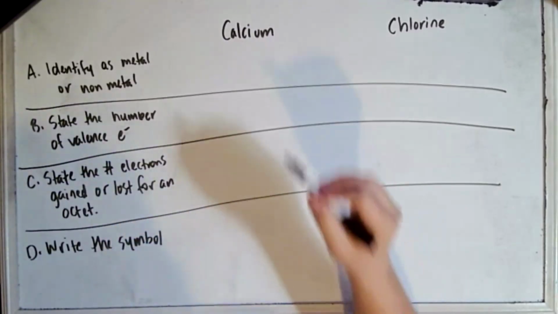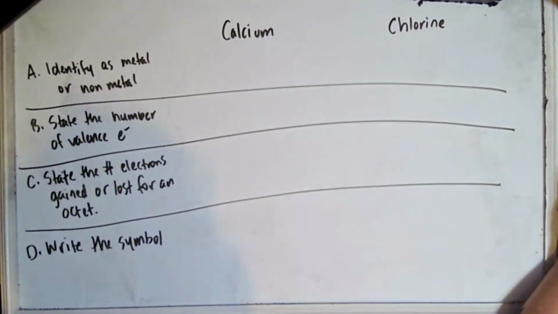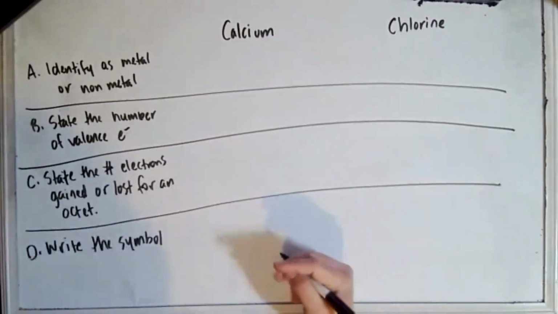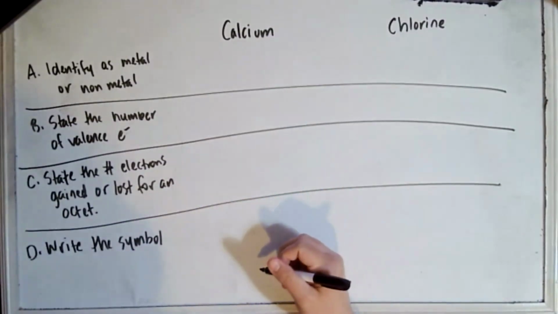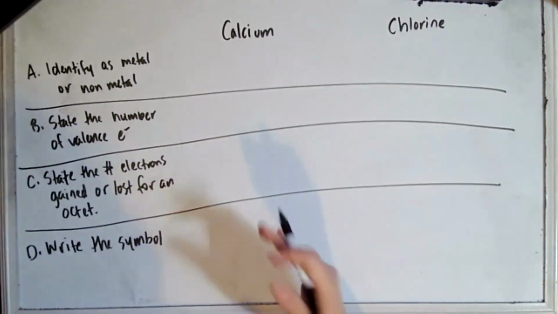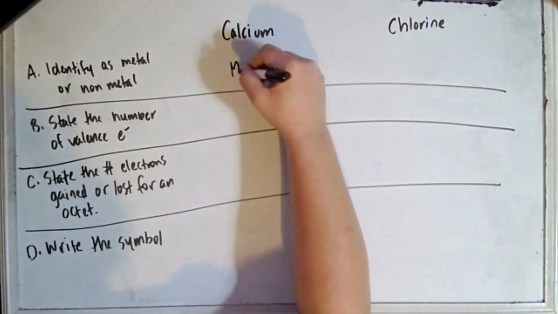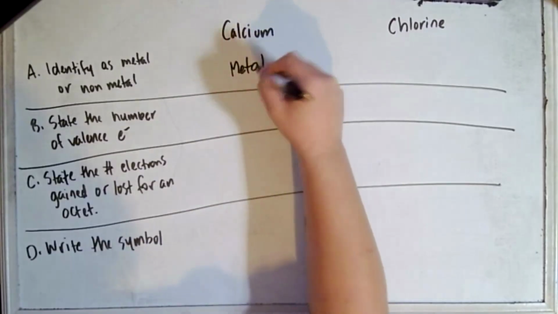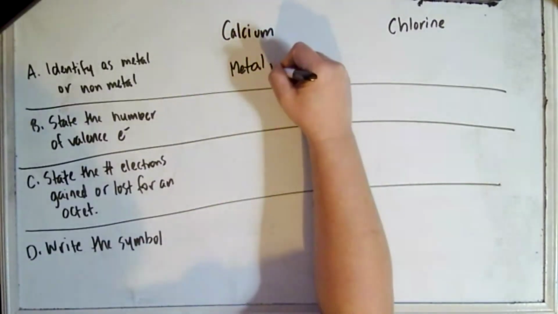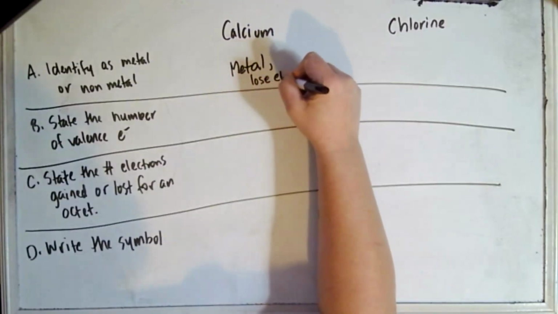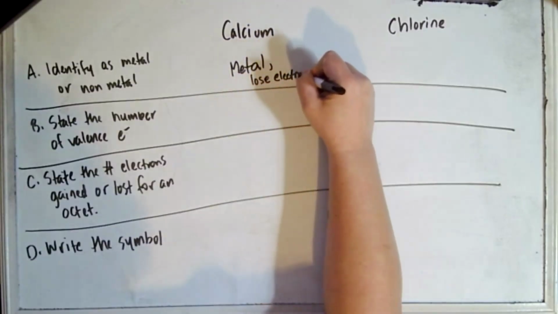Okay, so if we find calcium on the periodic table, calcium is going to be atomic number 20. Calcium is in the second column. It's in group 2A of our periodic table. That is the alkaline earth metals. So calcium is definitely going to be a metal. Because it's a metal, we know that it's going to lose electrons when it forms an ion, because all metals are going to lose electrons.